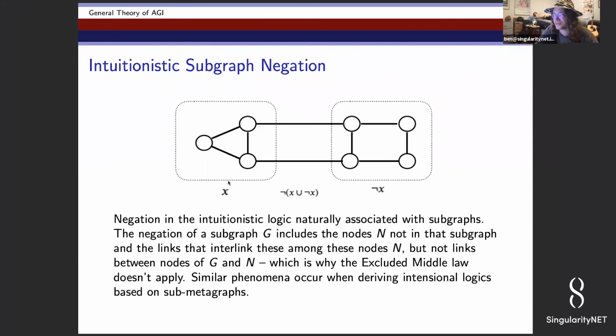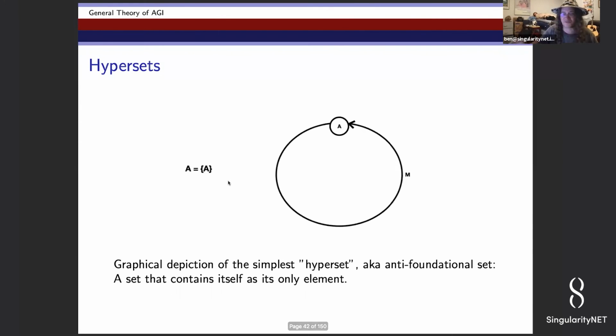And this means you don't have the law of excluded middle that you have in classical logic, and it gives you a slightly different probability theory, which is an intuitionistic probability theory. And it's quite beautiful that the best way to reason about the subgraphs of this distinction graph or knowledge graph that we've built up is intuitionistic logic, which is immanent in the distinctions that you use to build up the distinction graph in the first place, right?